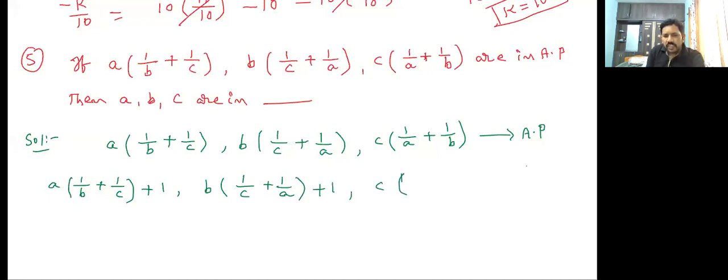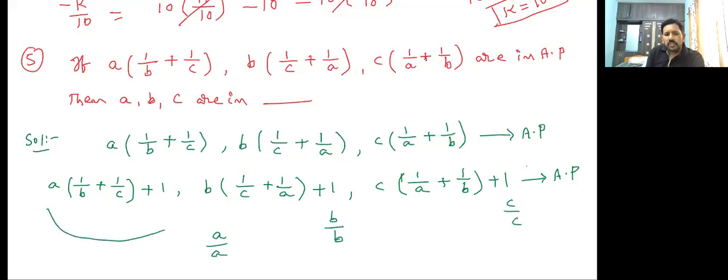There is no change in the series. 1 by B plus 1, this is also AP series only. Students, do you understand? Each and every term, I just added 1. How to write 1? Tell me. 1 we can write as A by A. Here B by B. Here C by C.